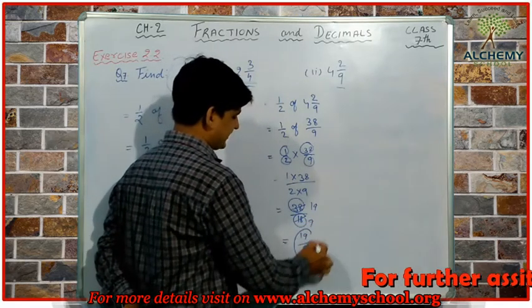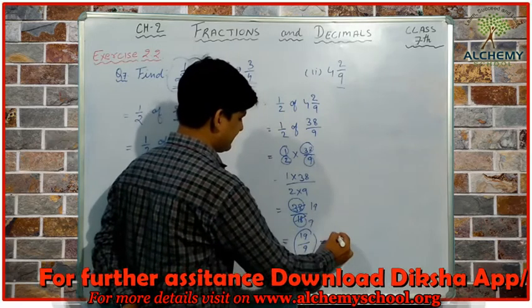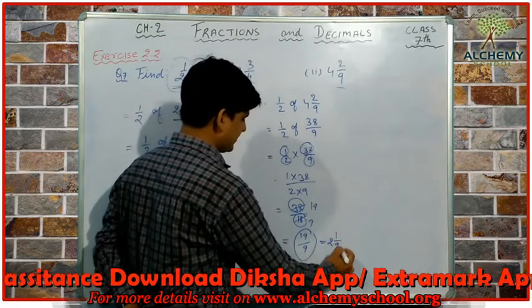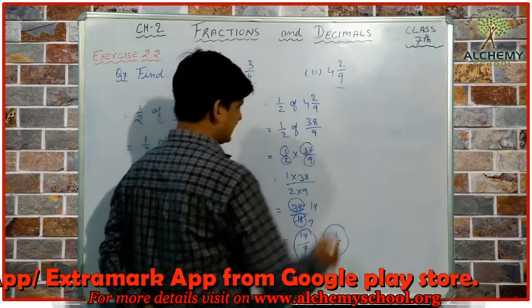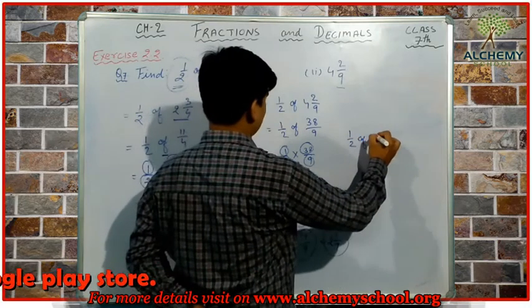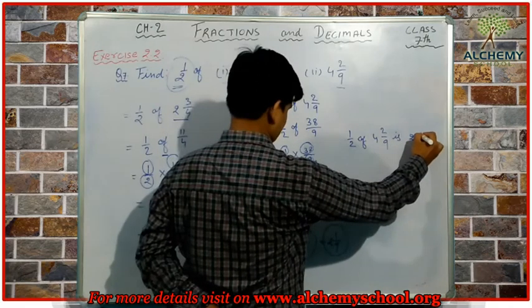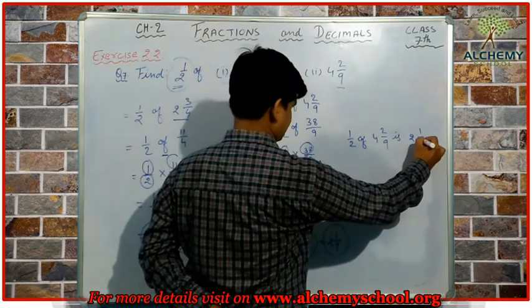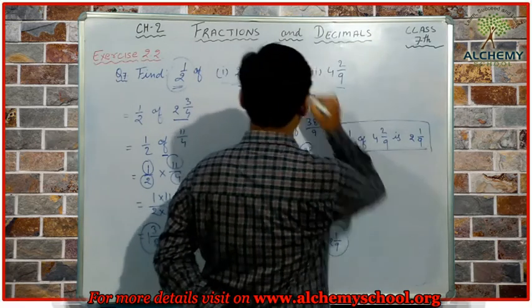When we convert it into mixed form, 9 2s are 18, so 1 will be the remainder. So, 1 upon 9. This is the mixed form of 19 upon 9. We can write our answer here: 1 upon 2 of 4 and 2 upon 9 is 2 and 1 upon 9. So, this is the answer for the second part.